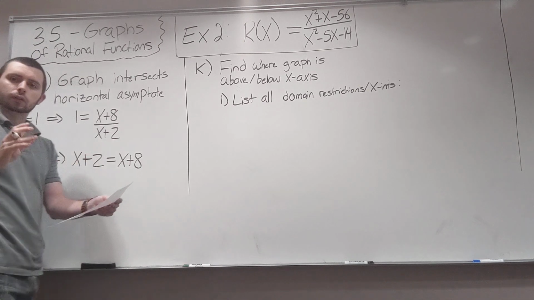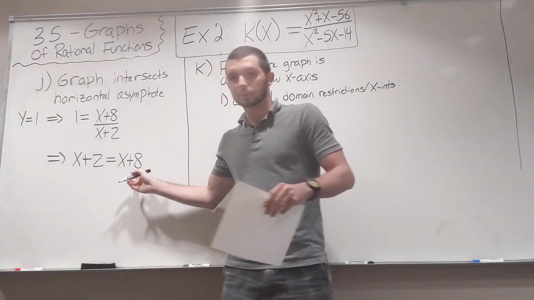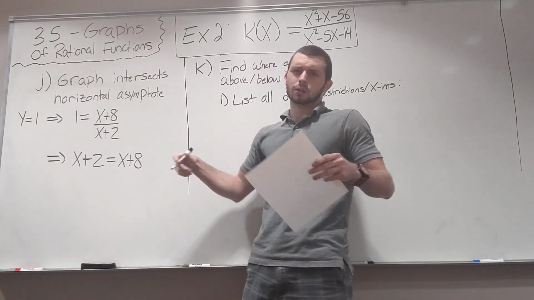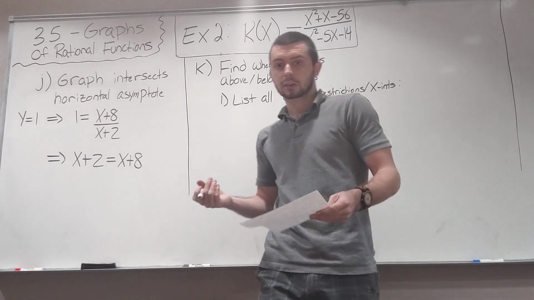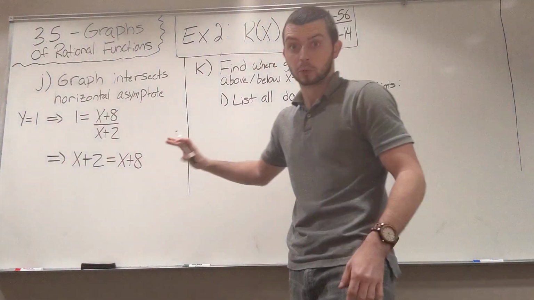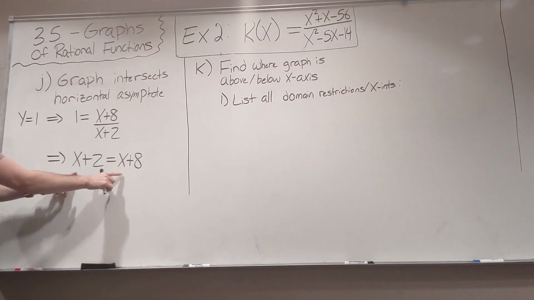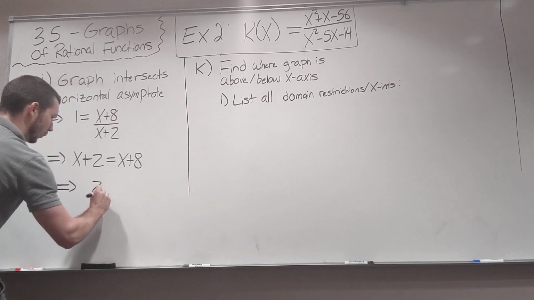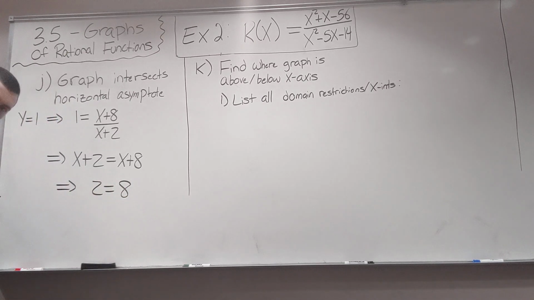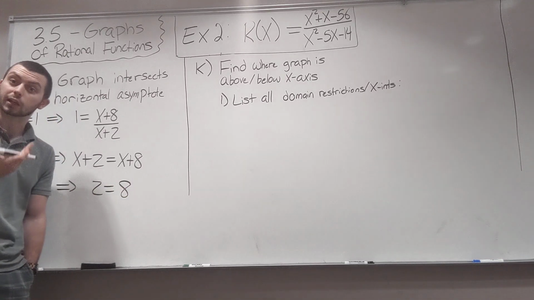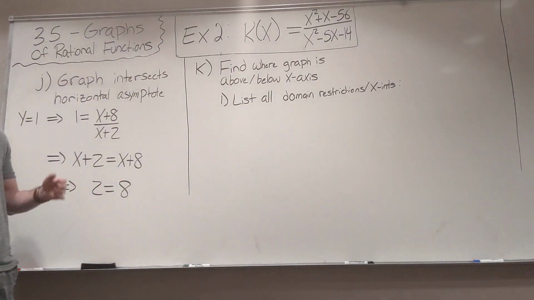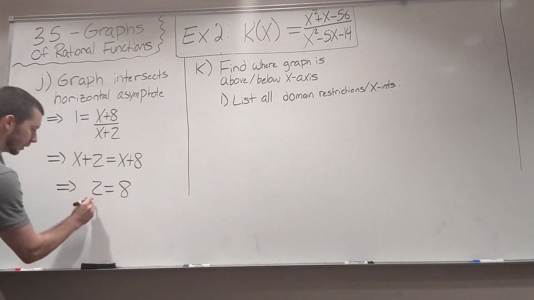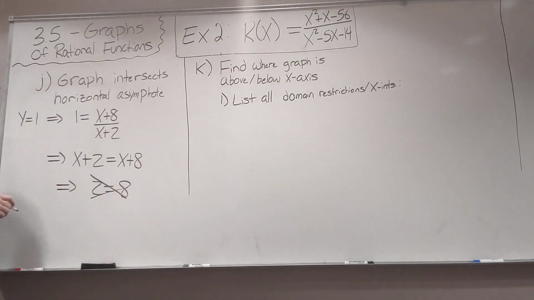Something to note here: if you subtract x on both sides to get the like terms together, the x cancels out on both sides, and you get that 2 is equal to 8. Now that, of course, doesn't make any sense. And in fact, it's okay that we hit something that simply does not make any sense.